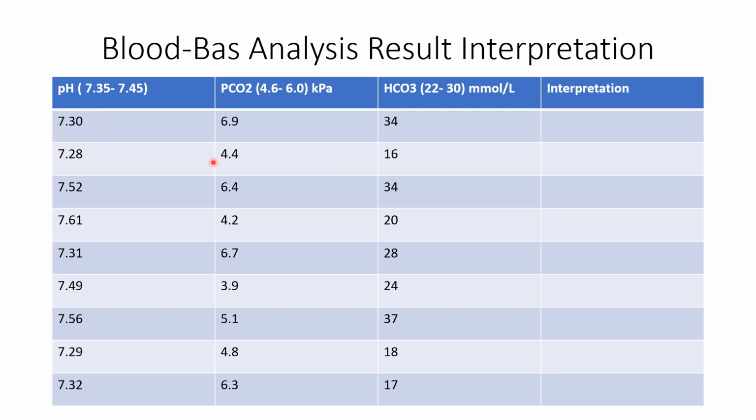And the value of PCO2, which is in the alkalotic direction, means that the metabolic acidosis, the primary pathology, is compensated for by a respiratory alkalosis. So the interpretation will be a metabolic acidosis compensated for by a respiratory alkalosis.